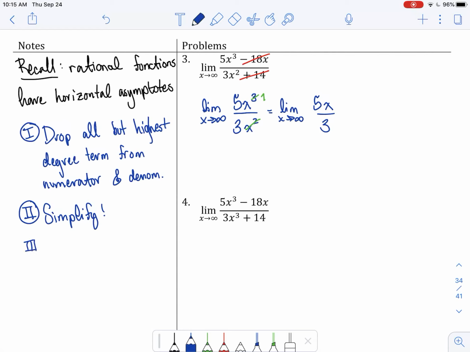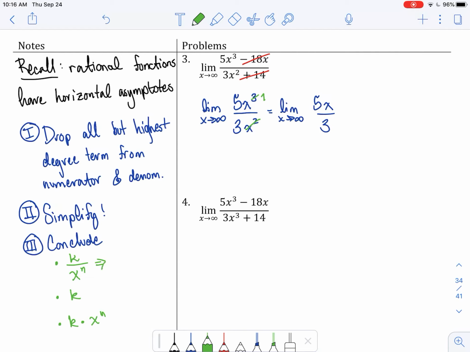Now, there are 3 conclusions that we can draw from this simplification. First one is where we still have x terms in the denominator. So we have some k over x to the n. We might end up with just a number because the x terms all cancel out, or we might end up with some multiple of x to the n. In other words, we have x left in the numerator. Now, each of these, you draw a separate conclusion.